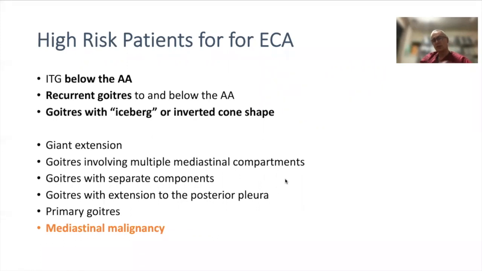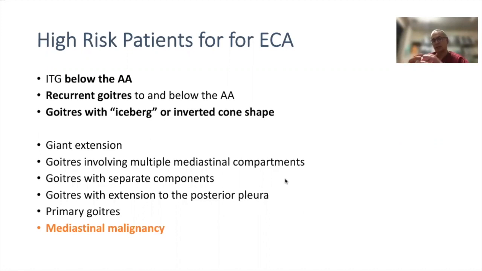So these are goiters that are below the aortic arch, that are recurrent, and that have this iceberg or inverted cone shape. Some of them may have giant extension. They may have multiple components. Some of them are actually primary goiters. The goiters may have separate components. The goiters may extend to the posterior pleura, and then it's very difficult to access them through a transcervical approach.